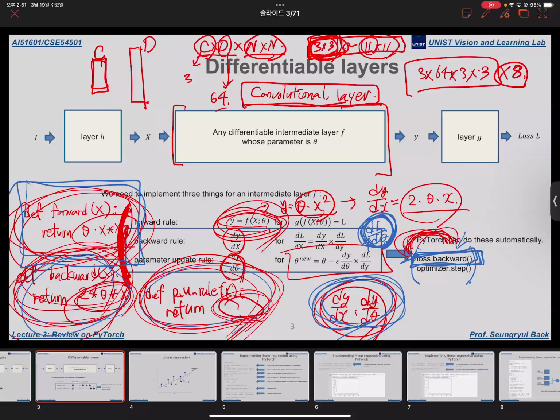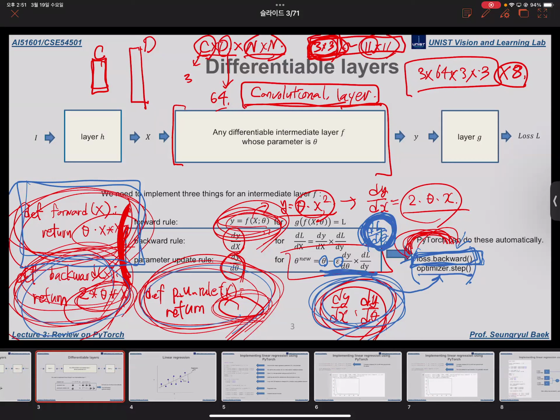Okay, and then after calculating this dL/dθ for every layer's parameter vector, the thing you have to do is multiply some small scalar value to dL/dθ and add it to the previous parameters. Okay, and this step actually happens in PyTorch by calling this optimizer.step function.